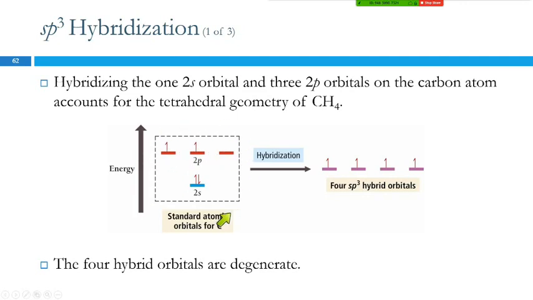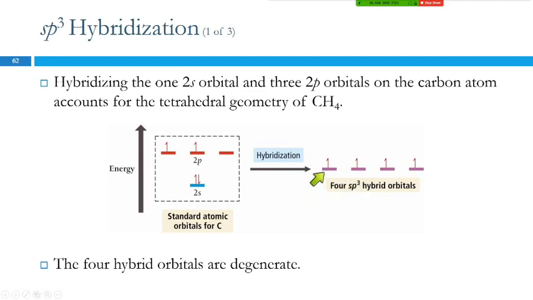We can take these 4 orbitals and hybridize them, blend them up, average them, and we end up with 4 new orbitals. These orbitals were 2 different kinds, and they had different energies. When we hybridize them, now they all have the same energy. And this energy is less than the energy of the p orbital, but more than the energy of the s orbital. Because these are all the same energy, we call that degenerate.